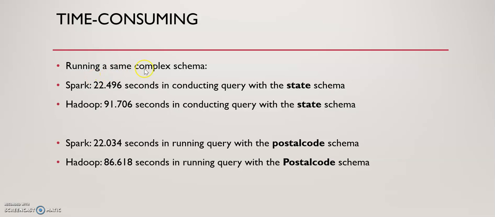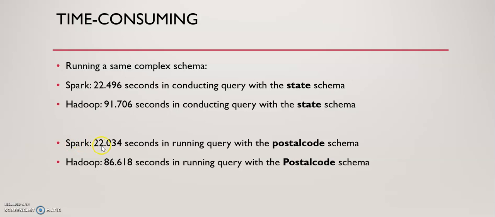They run the same complex schema, but Spark only uses 20.49 seconds in the first query to run out the state schema, but Hive uses 91.706 seconds to query the state schema.